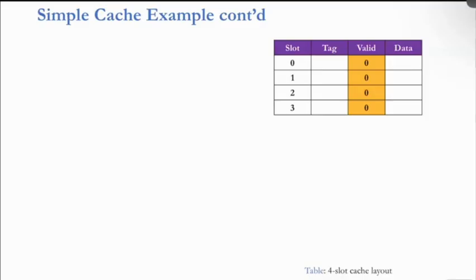Assume that we have a cache memory having 4 cache lines. In the valid field, initially the cache memory is empty, so the valid bits are set to 0. And there are no cache line addresses inside the cache memory because no block of data is available inside it. So there are 4 locations in our cache, and assume that each block size is 1 byte, which is going to be stored in the data field.